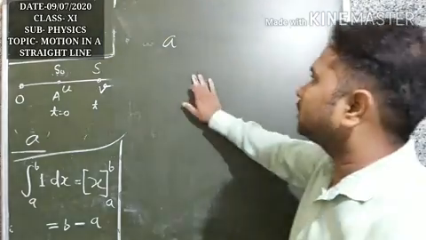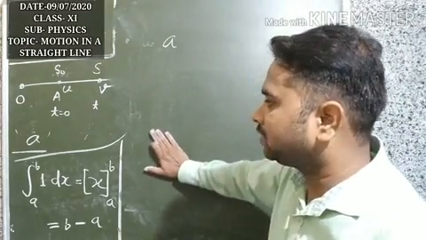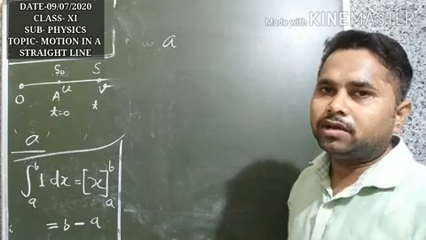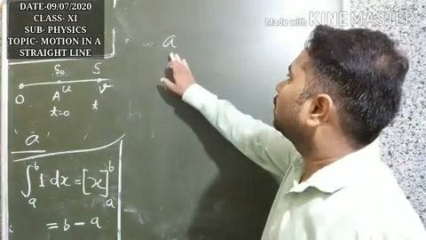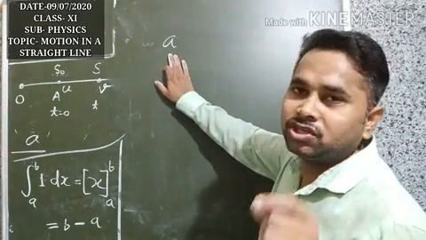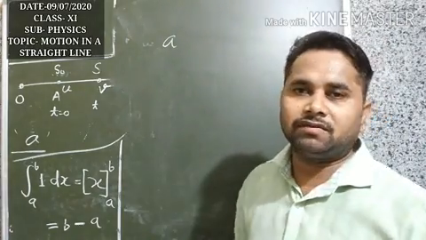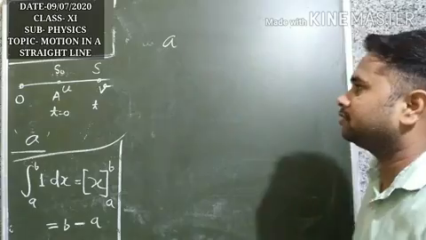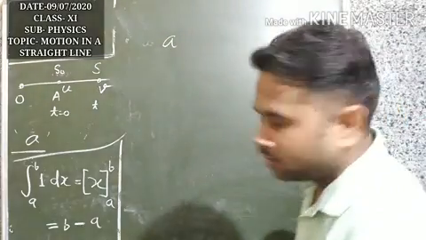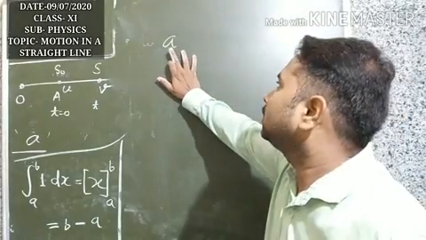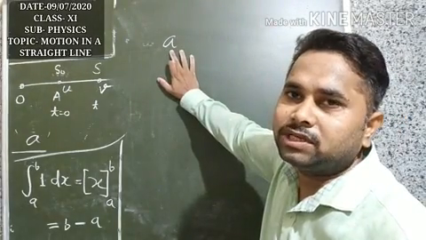So try to understand the steps involved in the derivation, and also you have to remember the initial step of the derivation, because we have three equations of motion here, and for the derivation of the first equation we should start with the definition of instantaneous acceleration.